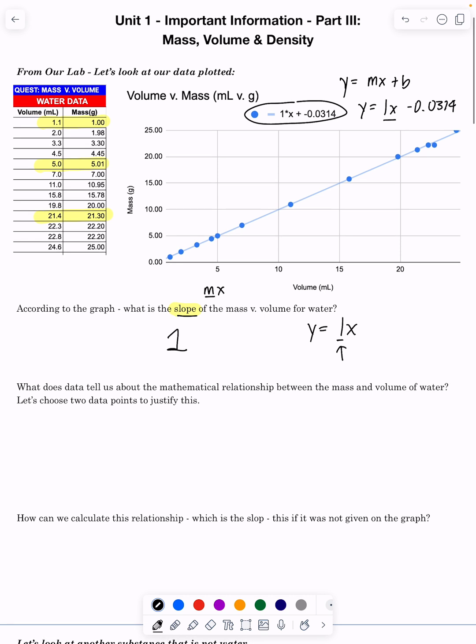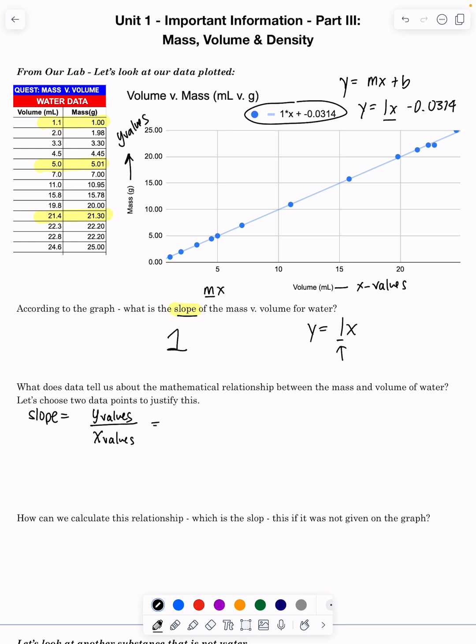Let's choose 2 data points. Remember, our mass are our y values here. Our volume are our x values. To calculate slope is y values, essentially, divided by x values. So what is our slope telling us?